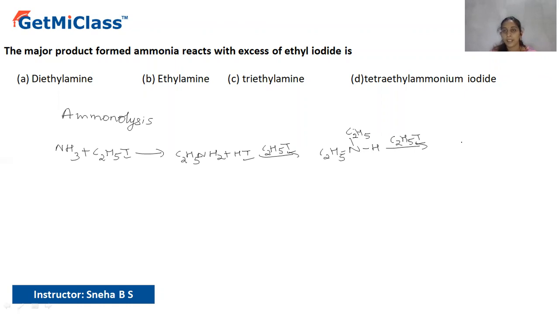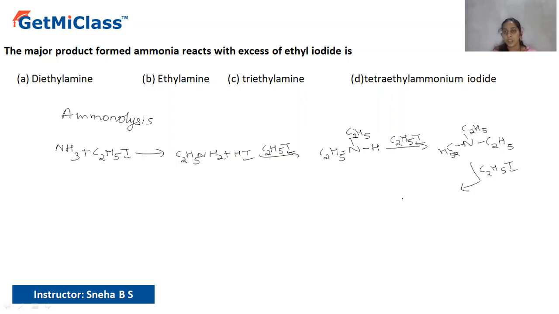So you are going to get N with C2H5, C2H5, and here also C2H5. So this becomes a tertiary amine. What happens if you treat with excess of ethyl iodide?